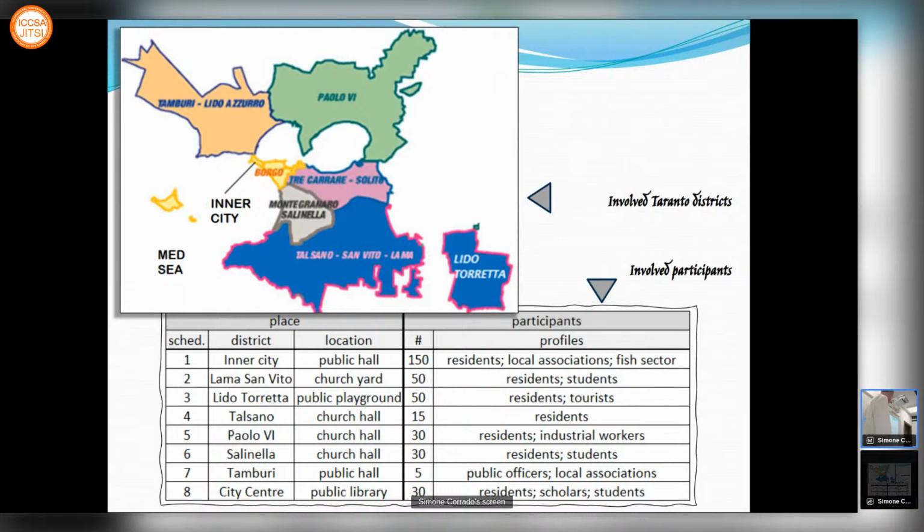This was sometimes a problem because, for example, Tamburi district is the closest to the industry, and people did not trust that the plan would drive to anything good, so they didn't come at all. It is a problem how to encourage people to come, because probably their knowledge is one of the most important to build the future.